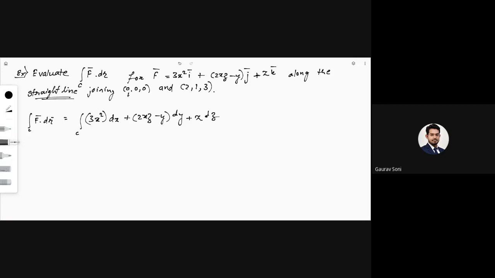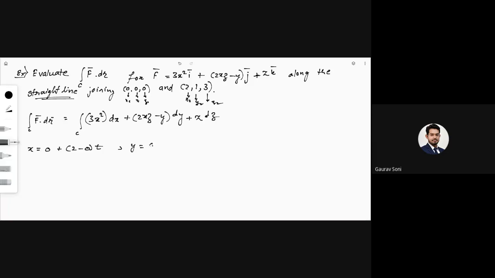This is (x1, y1, z1). This is (x2, y2, z2). So x is to be substituted as 0 + (2 - 0)t. Look, I'm using just what I have written on the previous page.